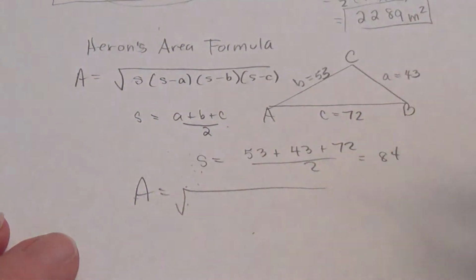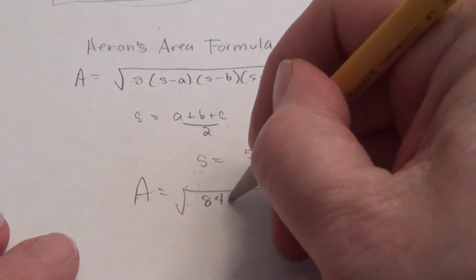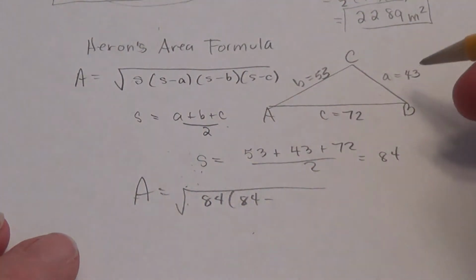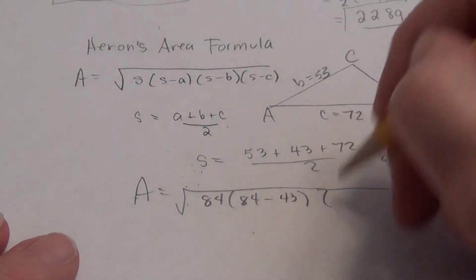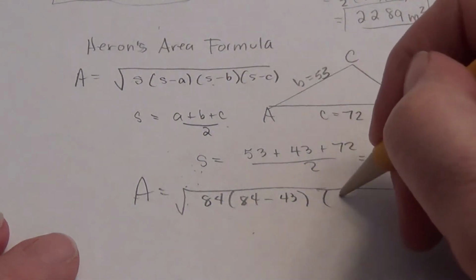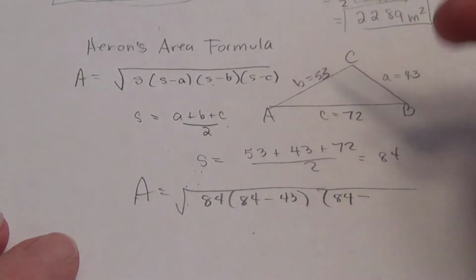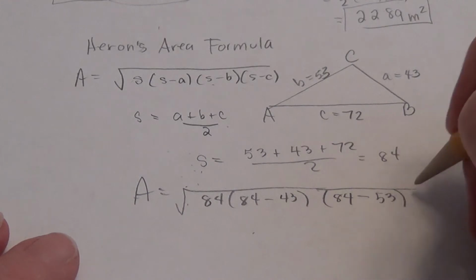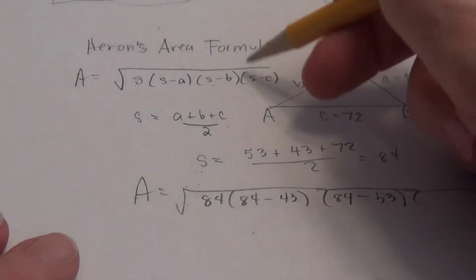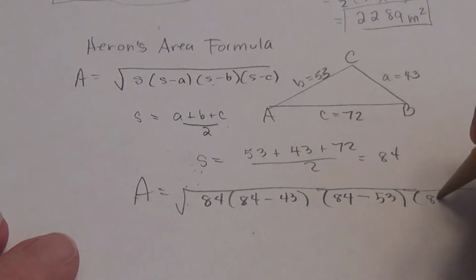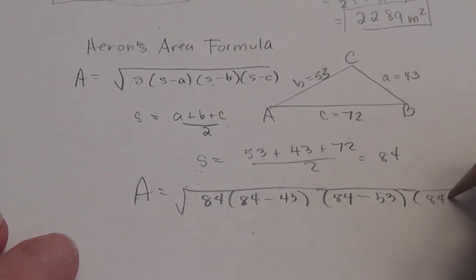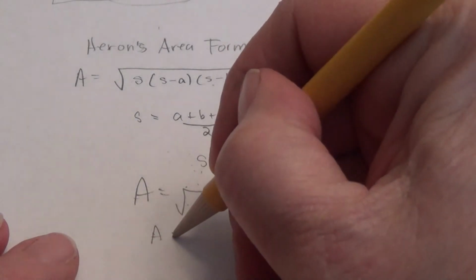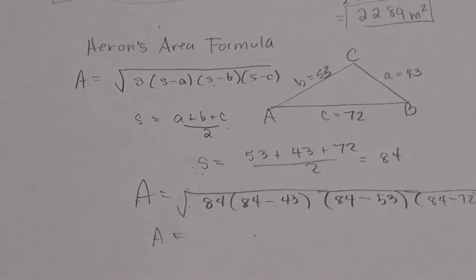S is now 84 times 84 minus A, 43, times 84 minus 53. See, I'm just plugging in appropriately. 84 minus 72.